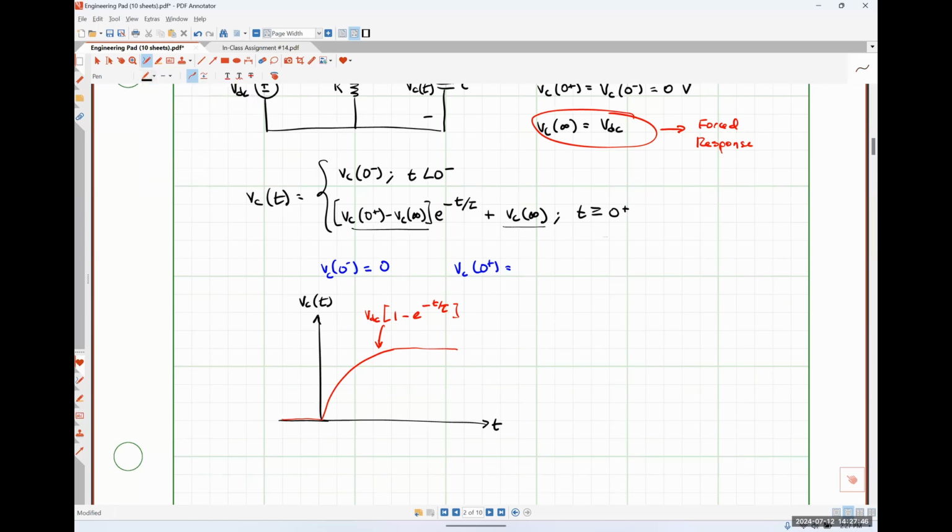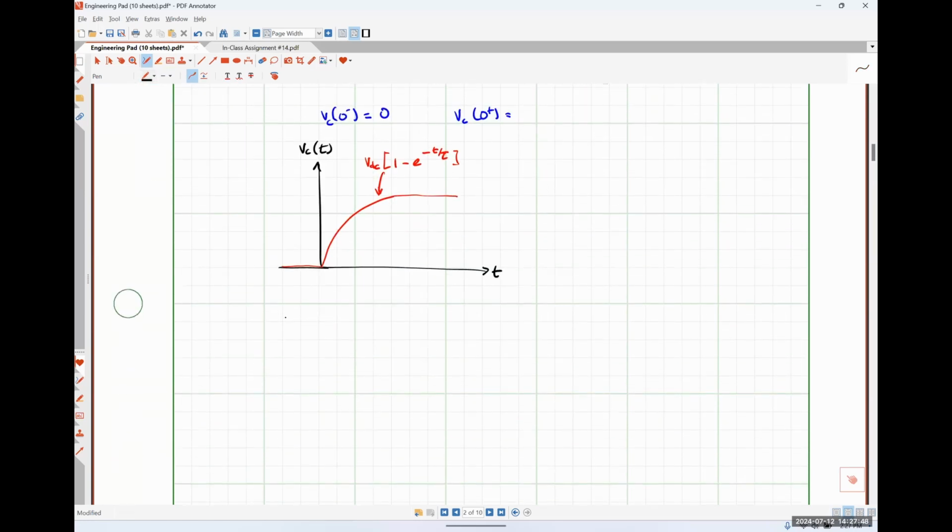More generically, we could say that y of t is now y at 0 minus, for t less than 0 minus, y at 0 plus minus y at infinity, e to the negative t over tau, plus y at infinity for t greater than or equal to 0 plus.